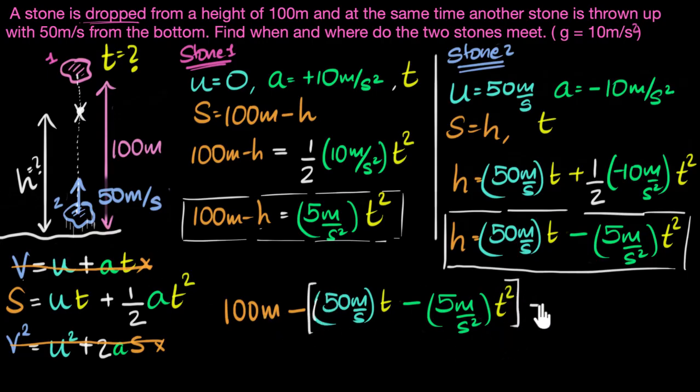Okay, that should equal 5 meters per second square times t squared. And now look, we only have one variable, only t. And so if we solve this, we can now calculate what t is. And once we calculate what t is, well, we can use these equations and calculate what h is. So again, it would be a great idea to pause and see if you can try this part yourself. Now it's purely mathematics. The physics has ended.